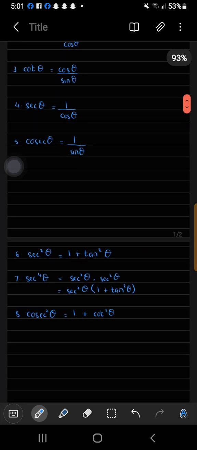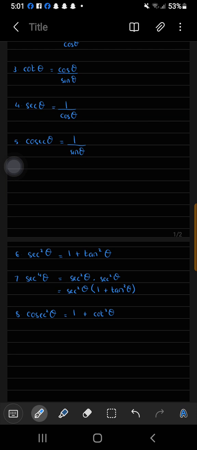Sec square theta is 1 plus tan square theta, and cosec square theta is 1 plus cot square theta. So we have to remember that sec is connected to tan and cosec is connected to cot, which is the reciprocal of tan. The cot square is the reciprocal of tan square theta.